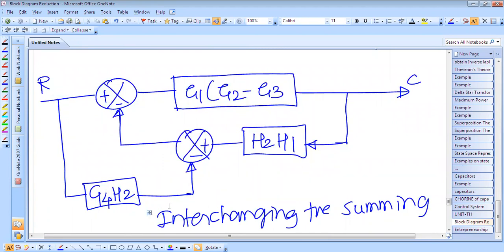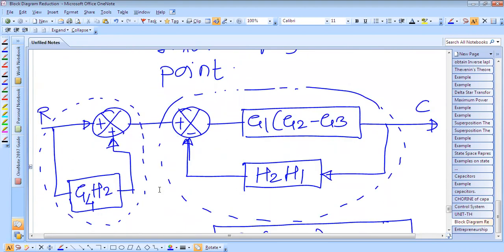Now we have to interchange the summing point. See, this feedback is coming here, it is going here, this is a negative sign, and again it is a negative sign. So negative will be plus, and therefore we can interchange the summing point like this. We can separate this feedback path by this line, and now we have one feedback loop and two parallel paths.